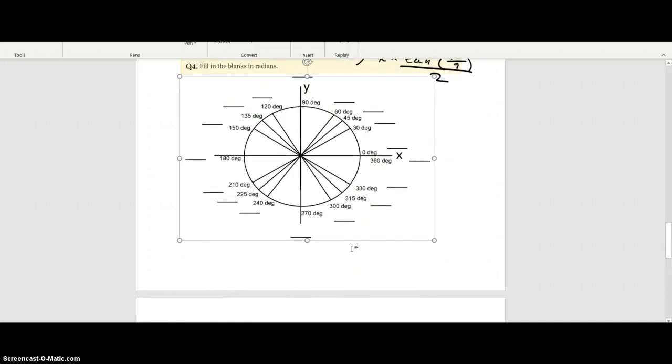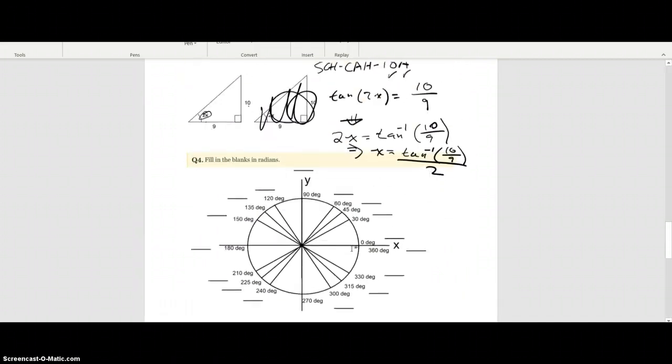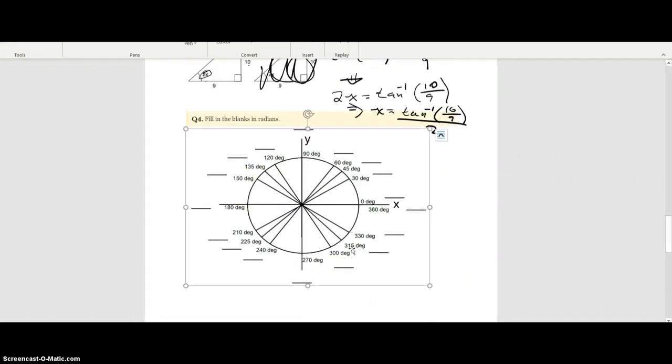Alright, let's go over the unit circle. This isn't a speed competition. When you're doing this, you want to make sure you just start going through and checking off all of these one at a time. I'm going to show you probably the easier way to think of it. So we're at 0 degrees, we're at 0 radians.